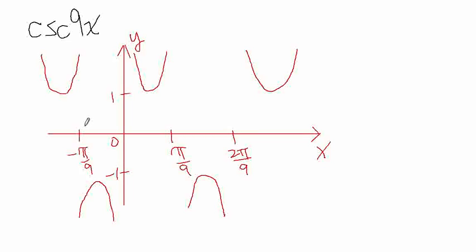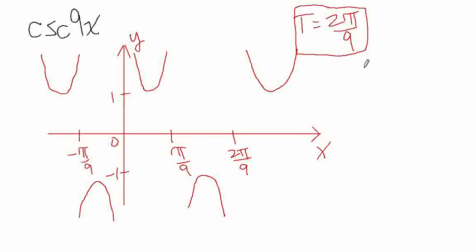cosecant of 9x, and the effect of the coefficient 9 is to compress the graph horizontally, and so that does have the effect of making the period change to 2 pi over 9.